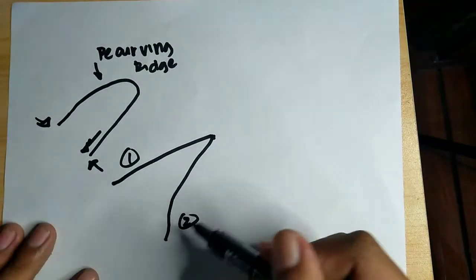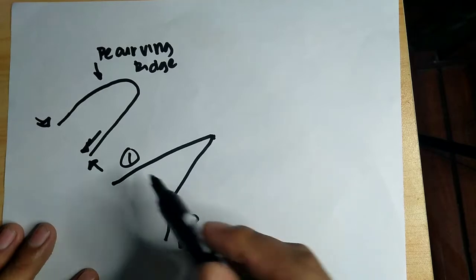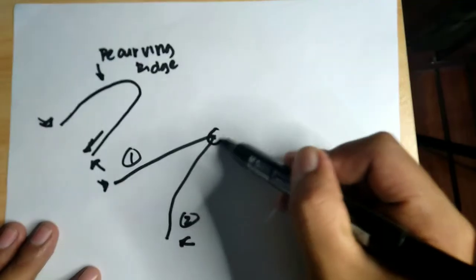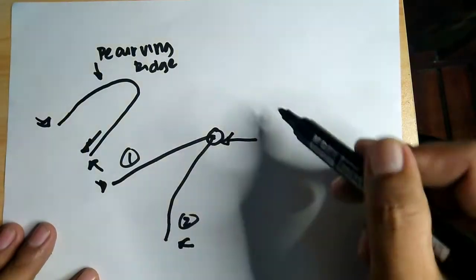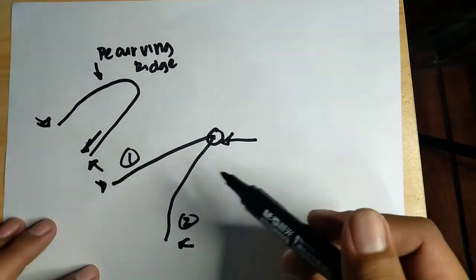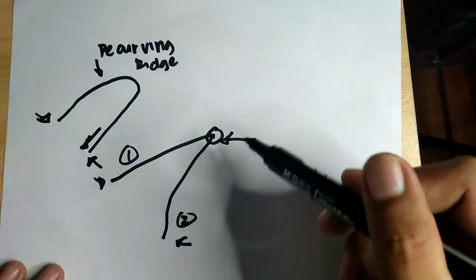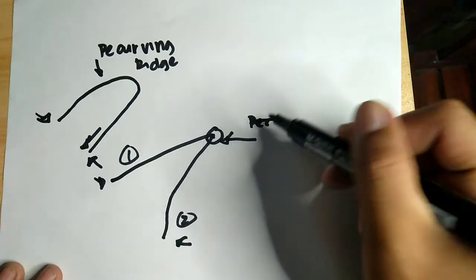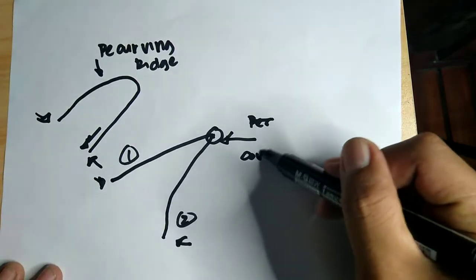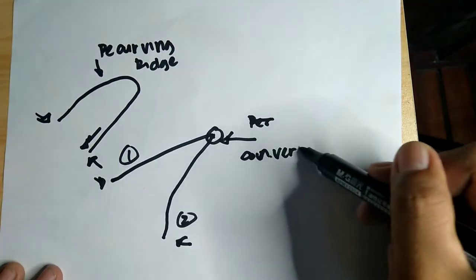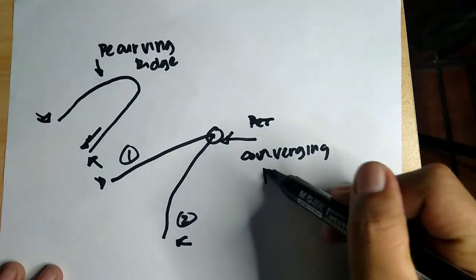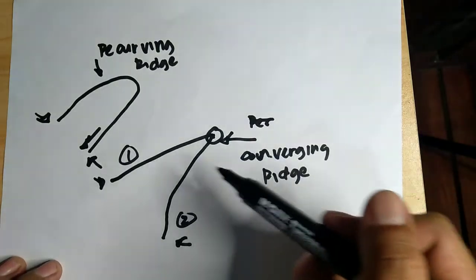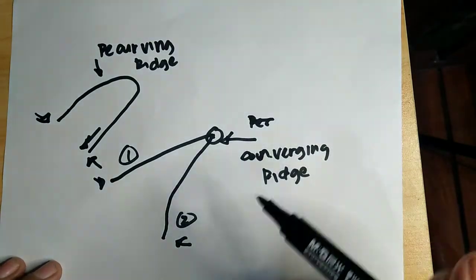Nanggaling sila sa magkaibang parte ng ating fingerprint, then they meet up somewhere here. So now they converge, nagsama sila. So we call this the converging ridge. They converge, mix, join together.